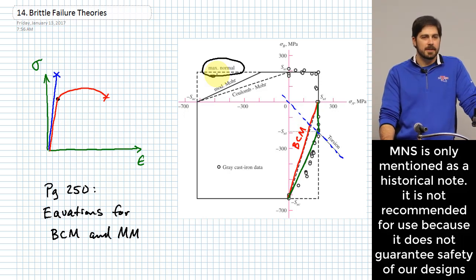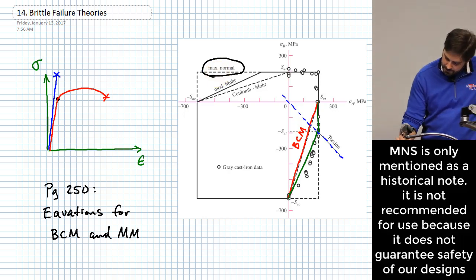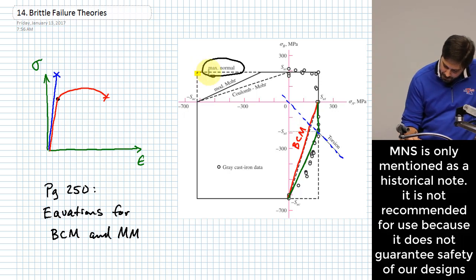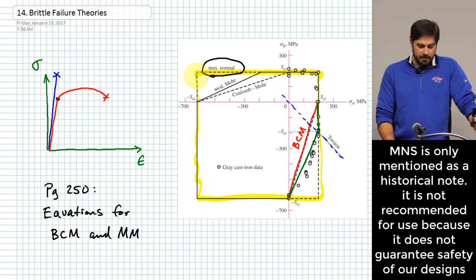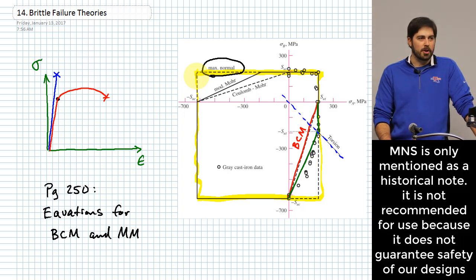So basically the shape that you have for a maximum normal criterion is this outside square. And you see here, that is especially bad if you have a fairly compressive stress and a smaller tension stress.